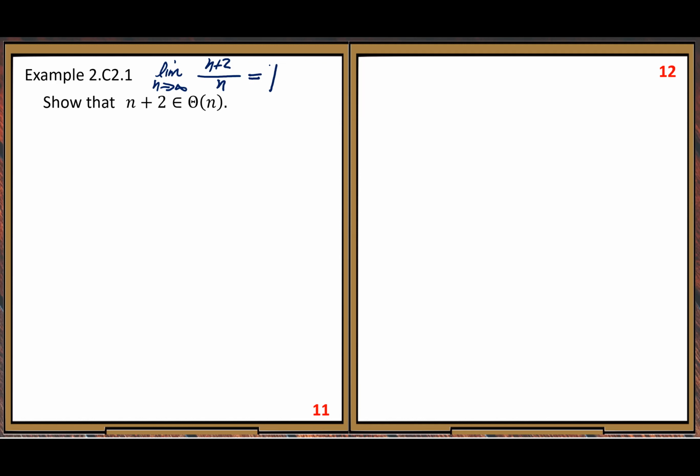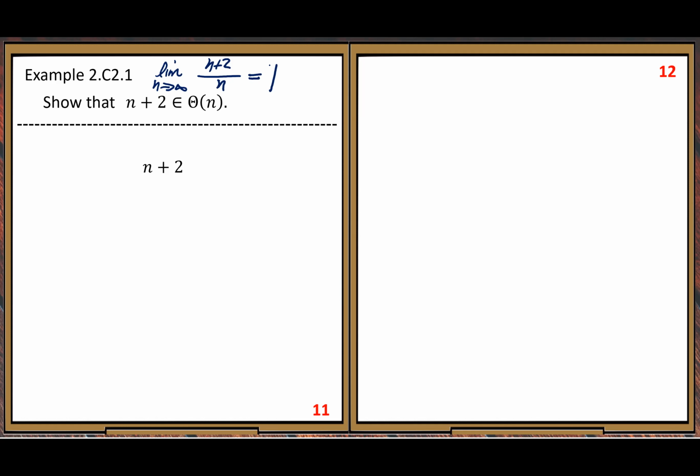We want to find an appropriate lower bound function and upper bound function in the form of a positive constant multiple of n. So what is the simplest positive multiple of n as the lower bound? Just n, right? You drop 2. That's simple. Lower bound, just 1 times n. That constant is 1. So you get the lower bound easily.